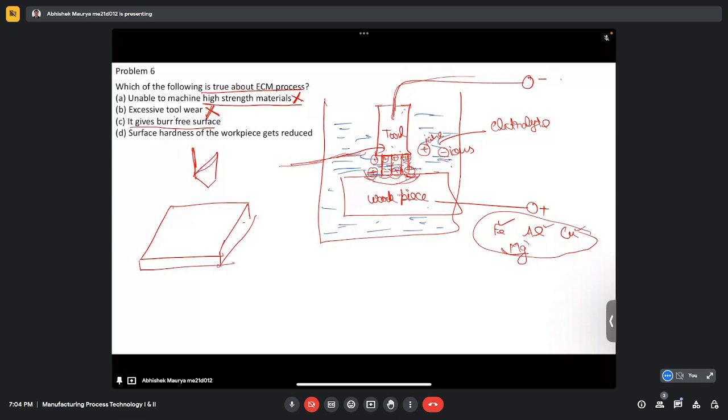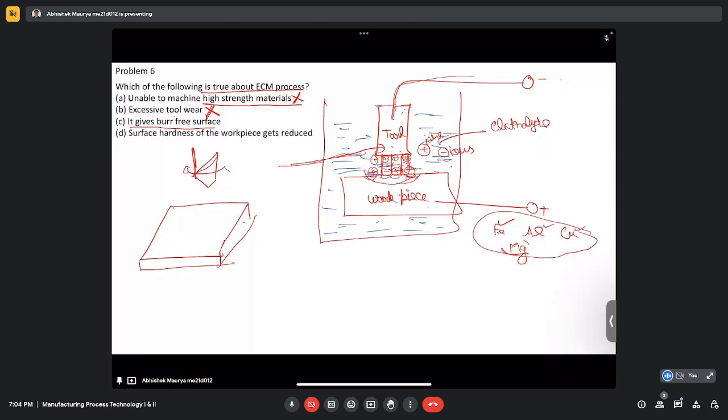What we do is give rotational motion to the drilling tool and apply a force perpendicular to the workpiece, and material removal takes place by the physical contact between tool and the workpiece.